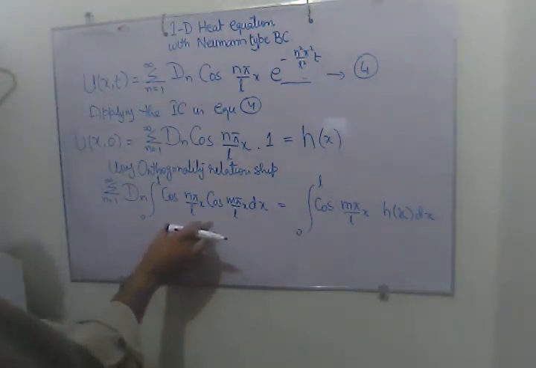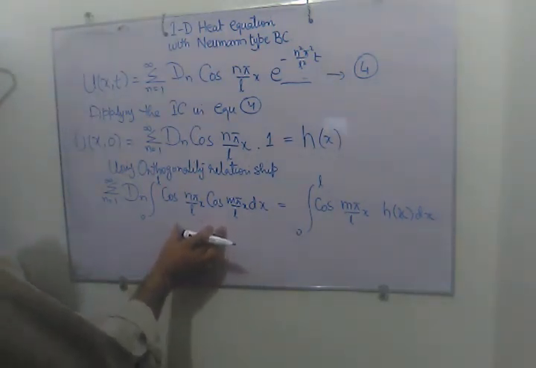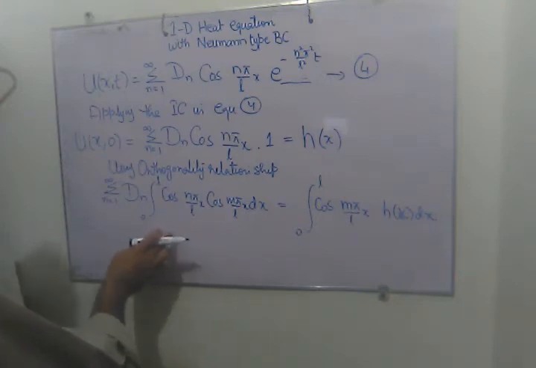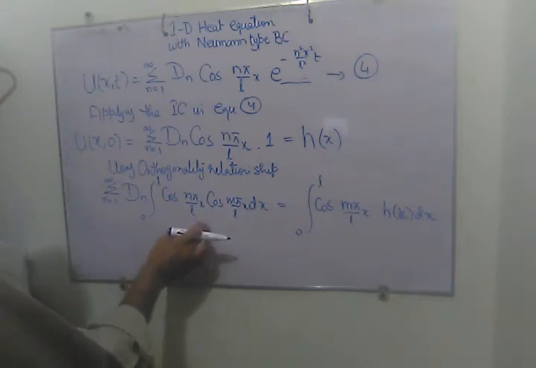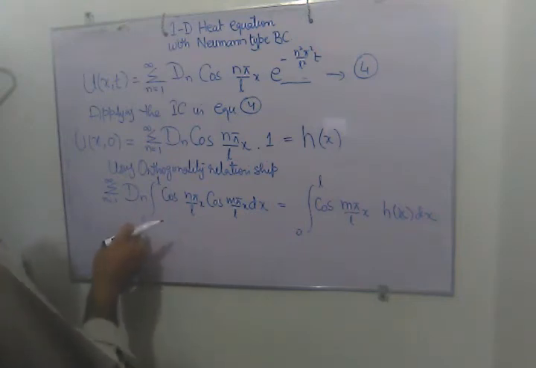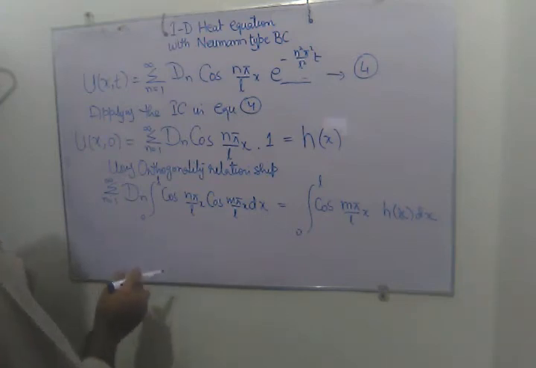Now this is the integral which is solved when we expand the summation. Only for the value m is equal to n does this integral have the answer half of the limit, L by 2, and the rest of the integrals would be 0. We have done this before in previous questions, so I am not going to do it again.